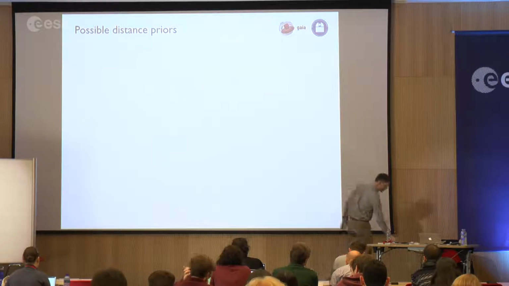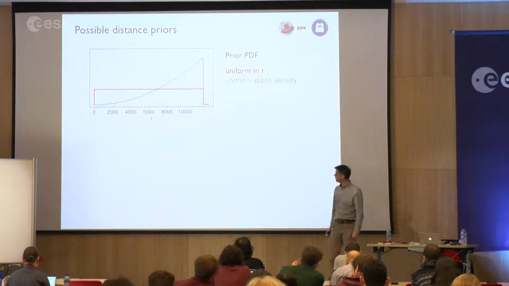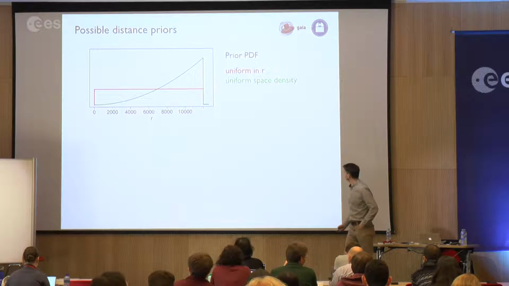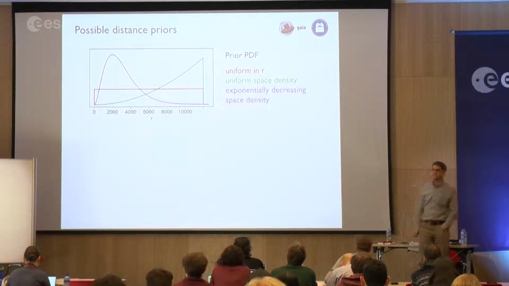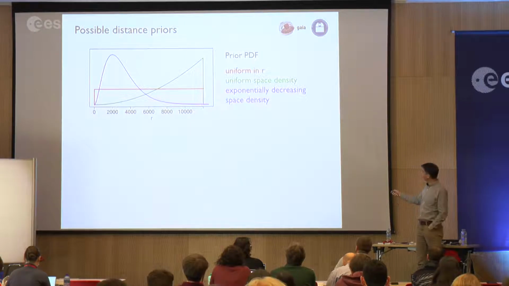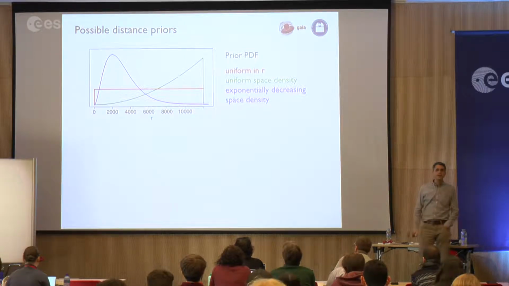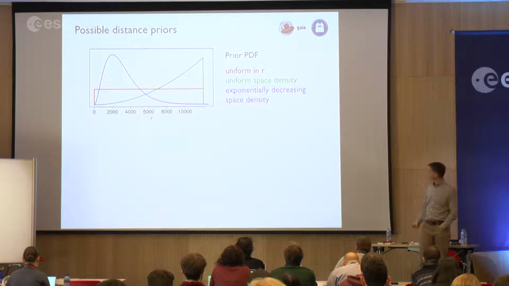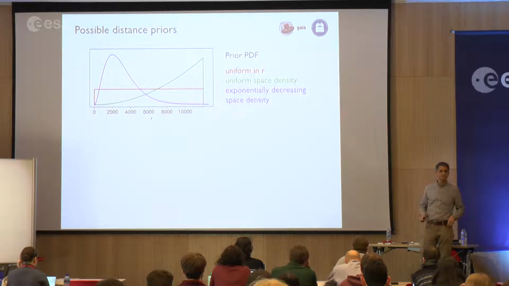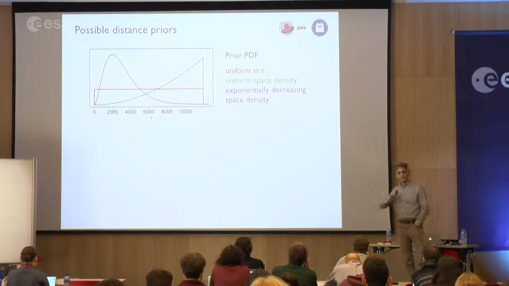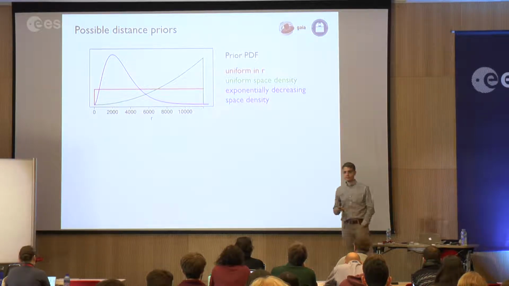Okay, so just to recap, we looked at 3 different types of prior here, all of which have the property of being very simple, in the sense that all 3 of them have one parameter, okay? The red and the green just have this cutoff distance, otherwise they're motivated by being uniform in distance or uniform in space density.